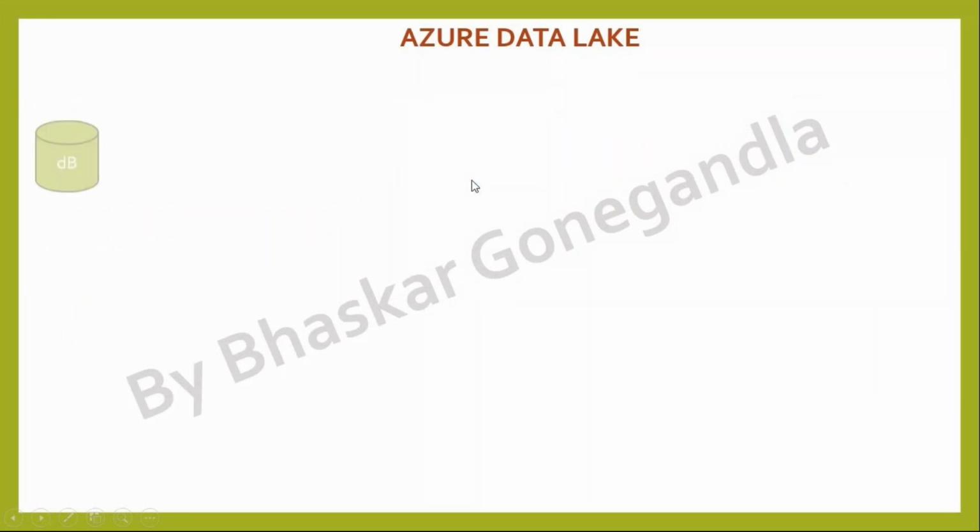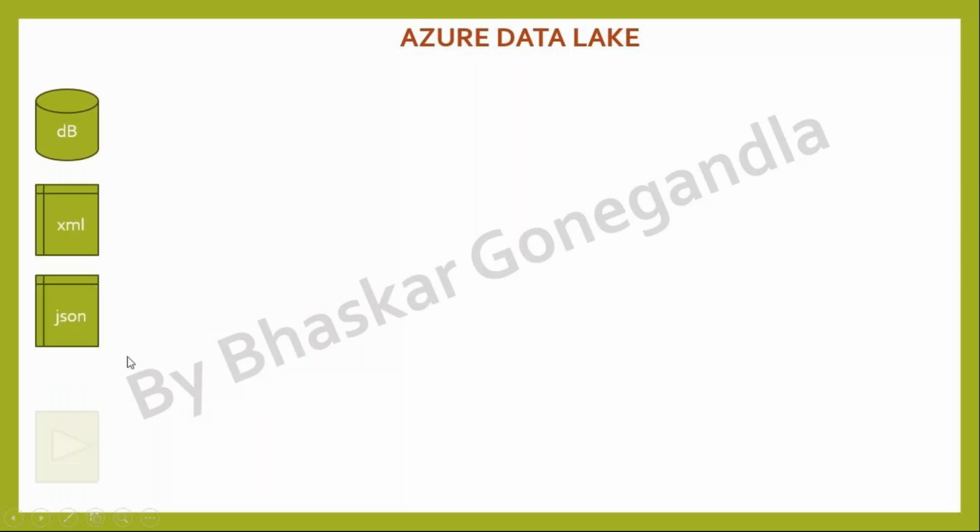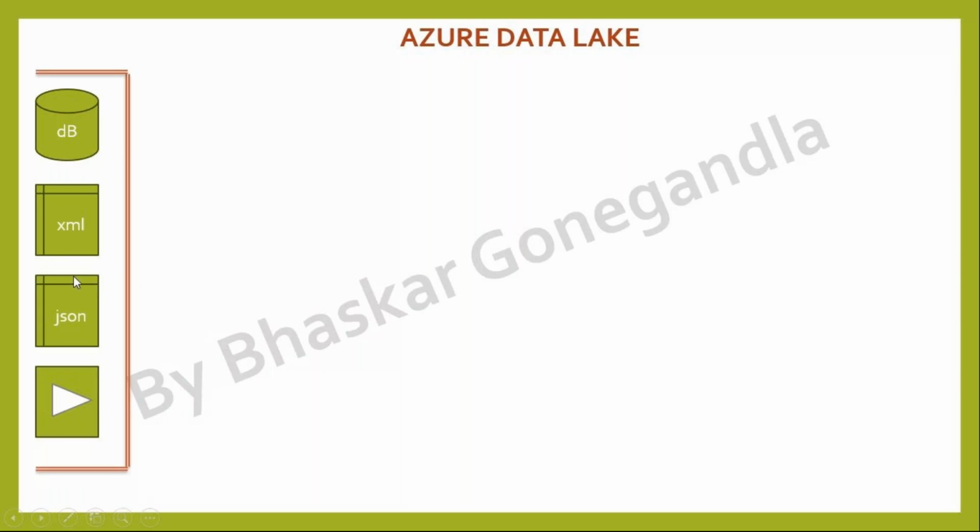Later, some changes happened. As we discussed, you're going to have different kinds of data from different data sources. You may have semi-structured data, structured data, or unstructured data. I wanted to keep all this data in a data lake.